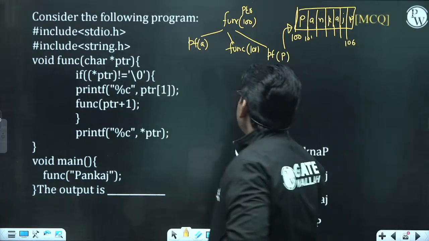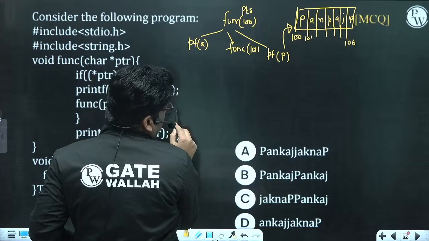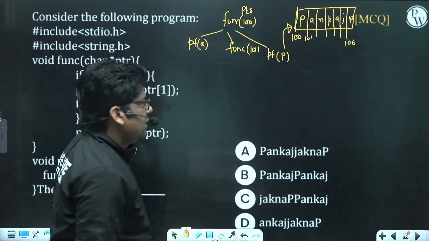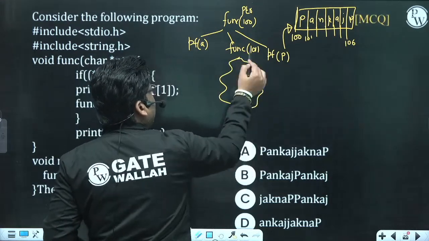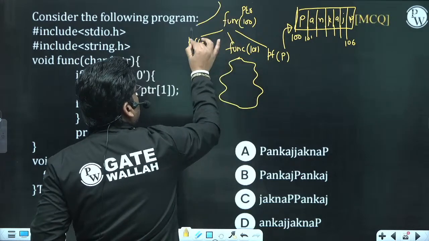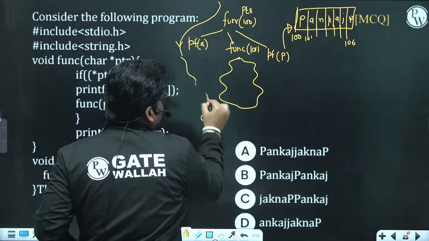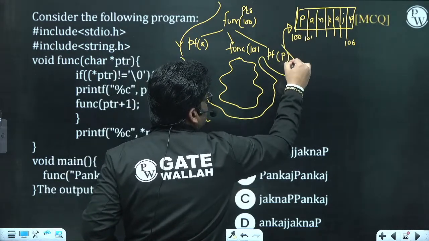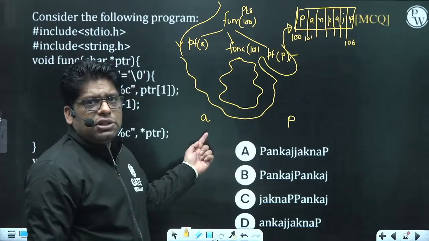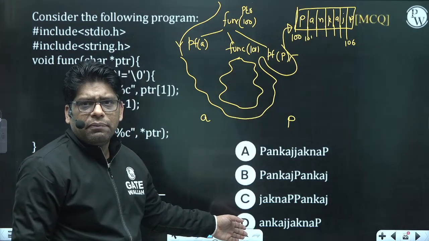Done, sir. When func of 101 is being called, you need not solve it further. No matter what the recursion tree is, when you trace this, the very first thing printed is A and the very last thing printed is P. That is why the answer must start with a small a and end with P. You got the answer as D. Don't waste your time.